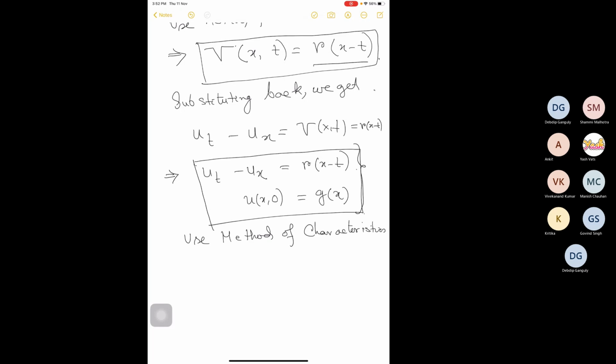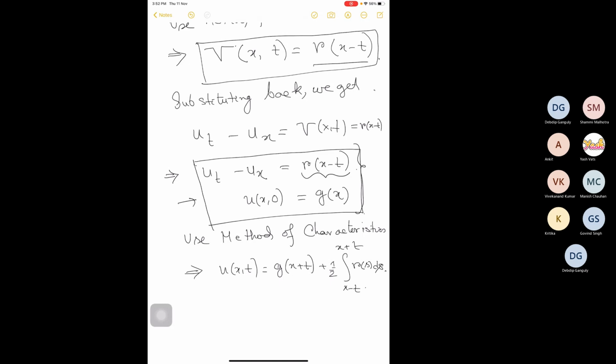If you see our solution, it will be u of x,t is g of x plus t plus half, because of this non-homogeneous term, integral from x minus t to x plus t of r of s. You can check your notes. And now you again use the method of characteristics.